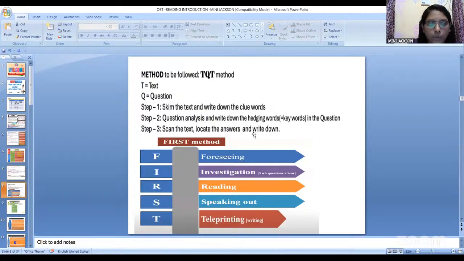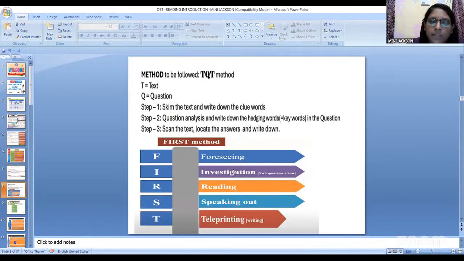Here we can use the first method for both listening and reading, that is the prediction method. As you know, we are going to predict the answer. If it is a general topic, we know that maybe it will be like that. But don't write your predicted answer; write what is given in the text, the same as it is.